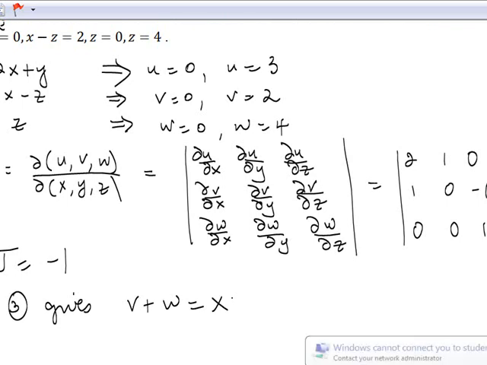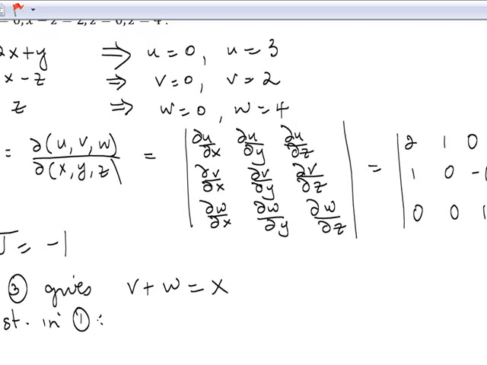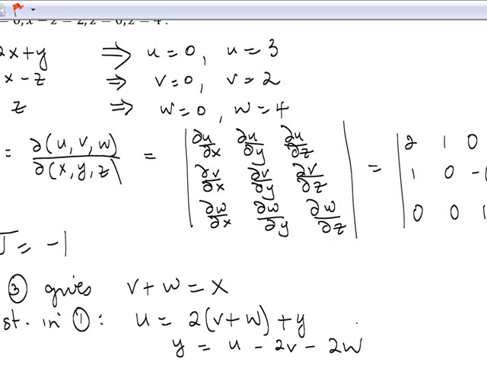So we have found x in terms of v and w. Substitute it into 1 to solve for y. So u equals 2 times v plus w plus y. So y equals u minus 2v minus 2w. So this is the integrand.